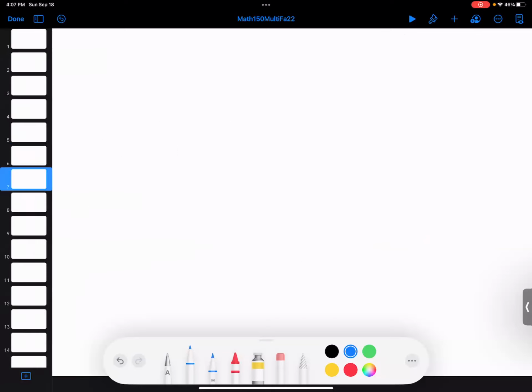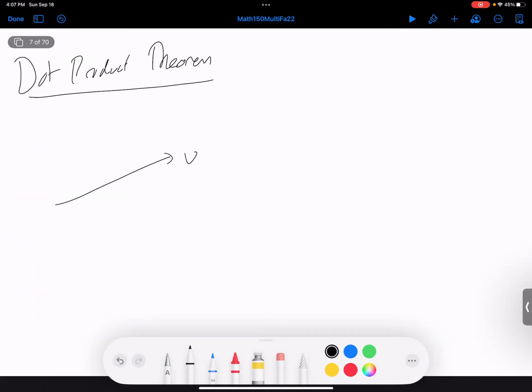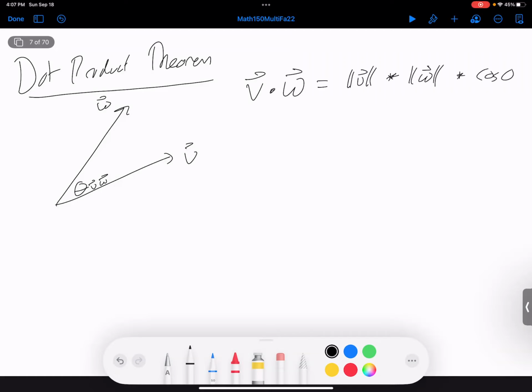So the last thing I want to talk about is the dot product theorem. Here is v, here's w, here's the angle between them, and we're saying v dot w is the length of v times the length of w times the cosine of the angle between them.